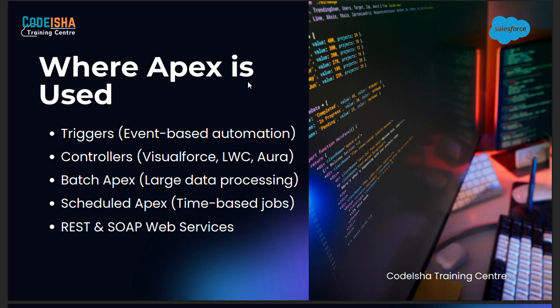We also use Apex in batch Apex for large data processing, and in schedule Apex for time-based jobs. Whenever we need any process based on time triggers, we need to use schedule Apex. We also integrate with REST and SOAP web services, and for that we can use Apex as well. So everything is okay up to here, right?